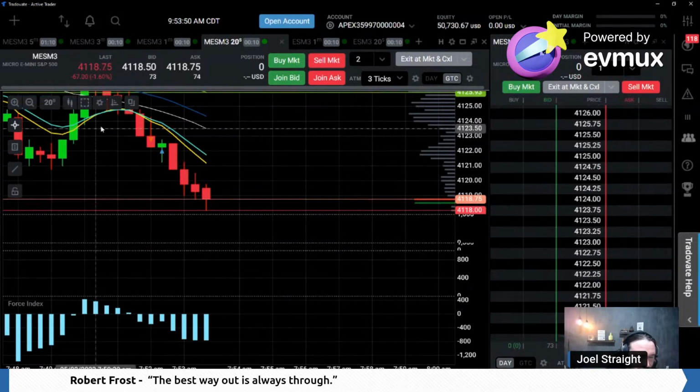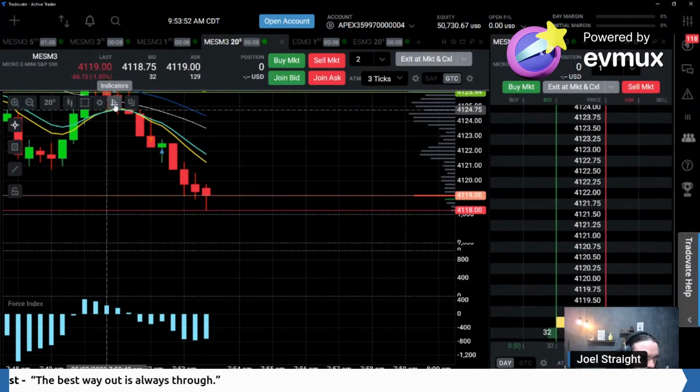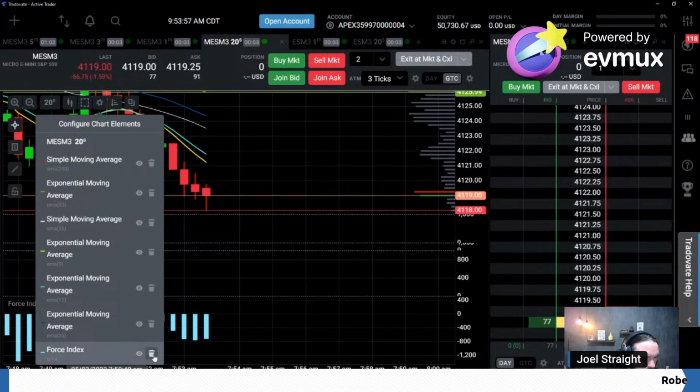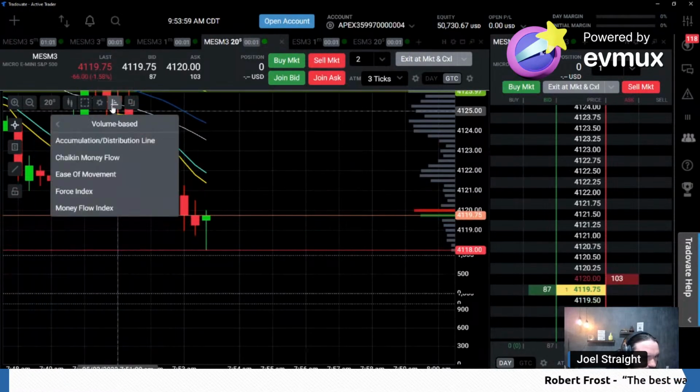Why does this look identical to the Chaikin money flow? Force index.